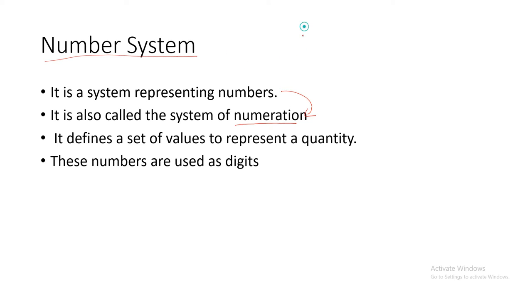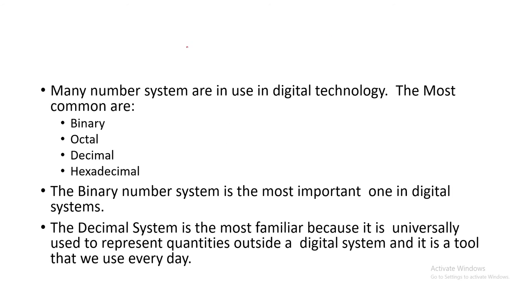For example, if we want to use binary, we have two values. If we go for decimal, which is used in our daily life, we have 10 different values to represent the quantity, and so on. These numbers are used as digits. Many number systems are used in digital technology.